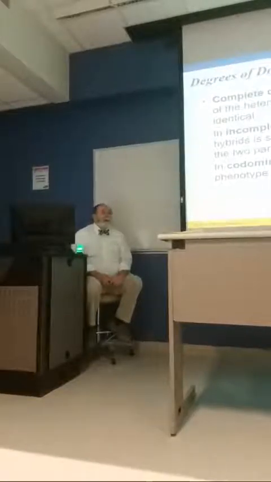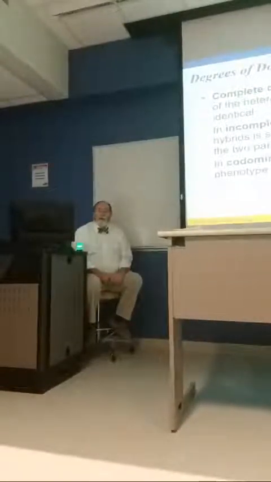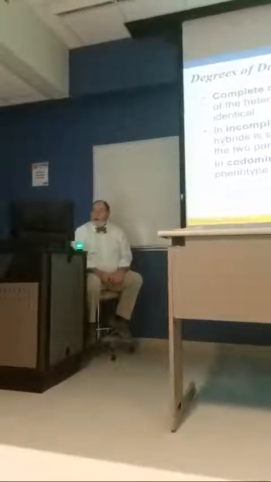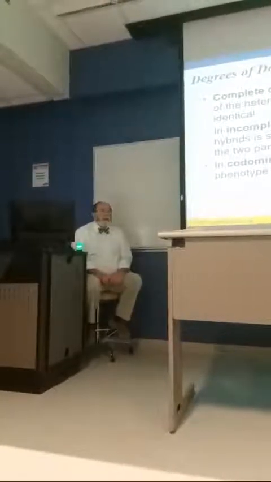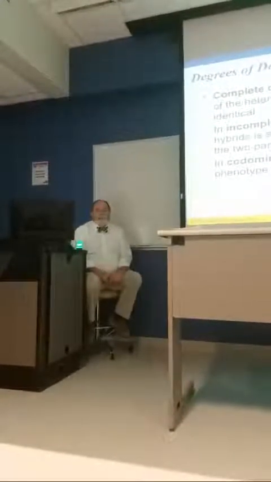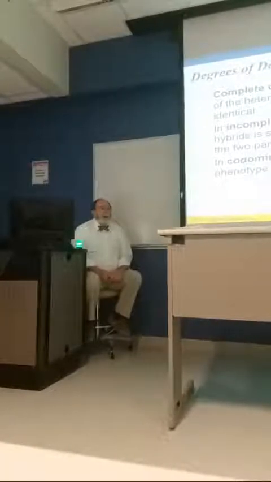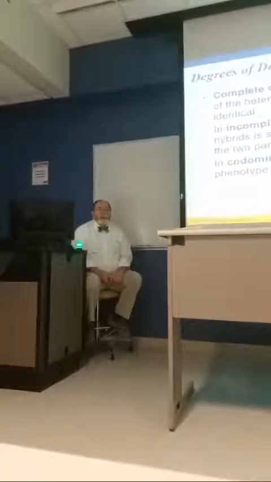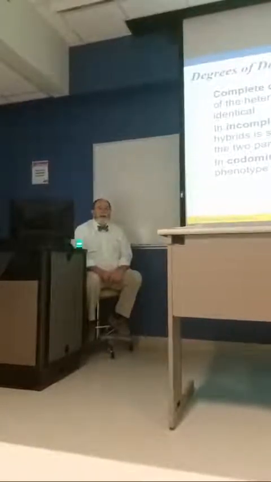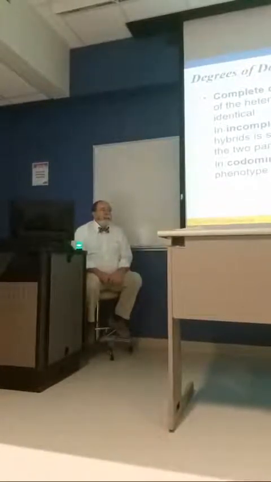Codominance is one that is very, very important. In codominance, both of the alleles show up in the phenotype. And the best example of that is roan cattle. Have you ever seen roans?